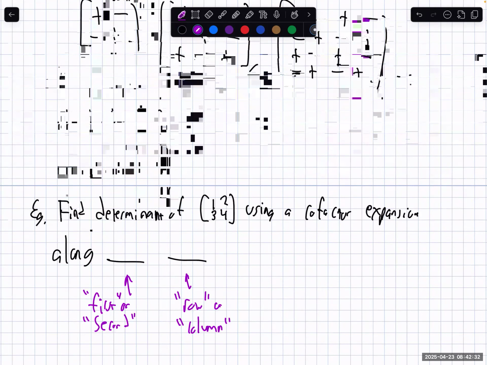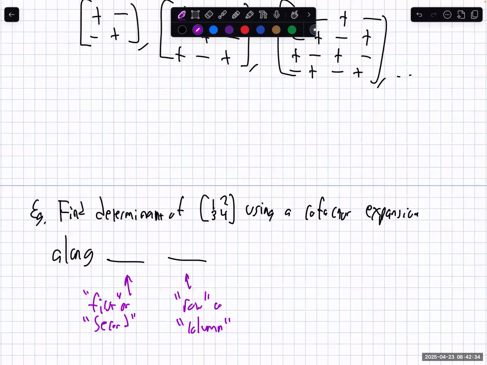To find a cofactor expansion, you have to pick a row or a column in the matrix. Any preference here? First or second? First, row or column?